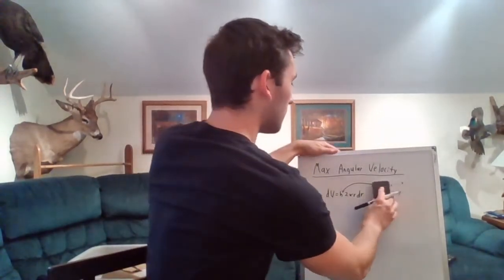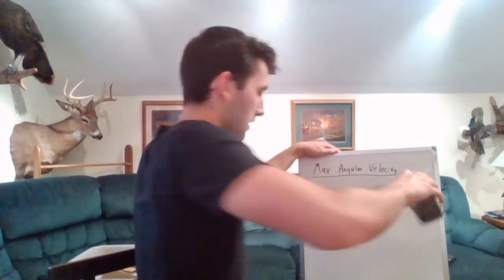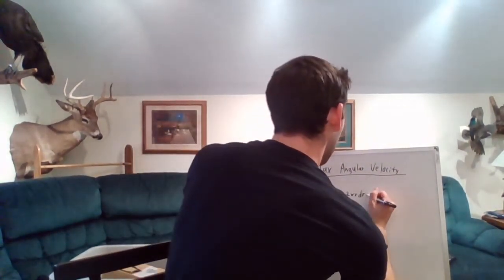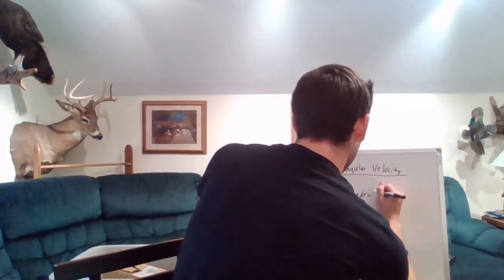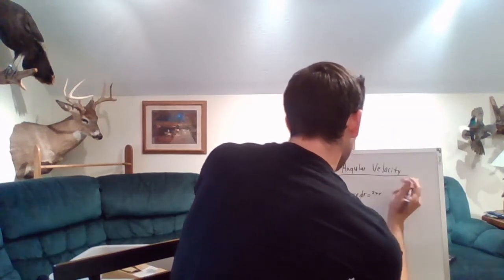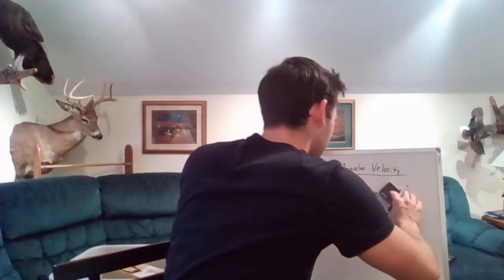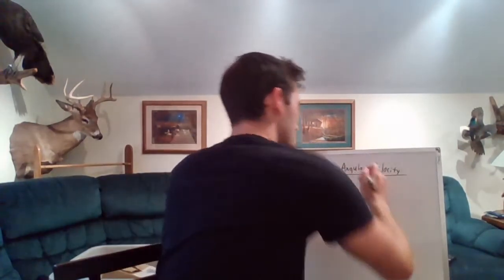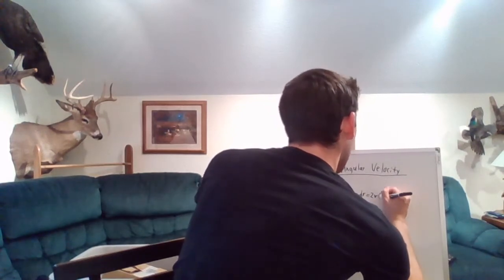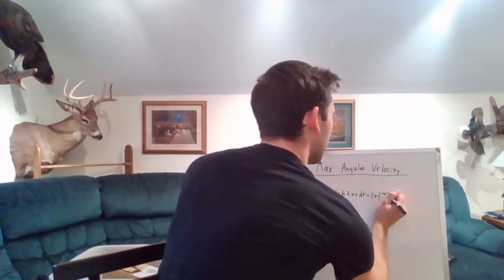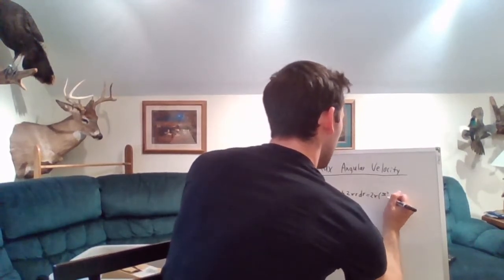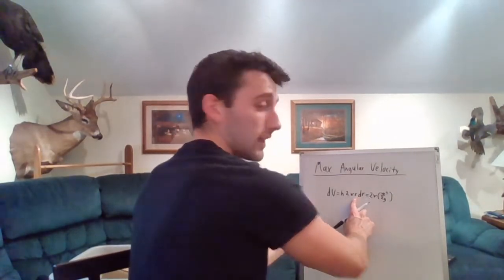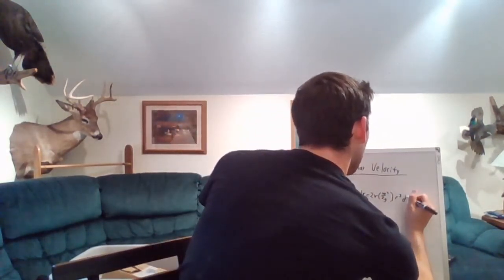And what happens when we do that is we'll still have the 2 pi, and we'll have the w squared over 2g, and we had an r squared up here, so we can go ahead and make this r cubed dr.